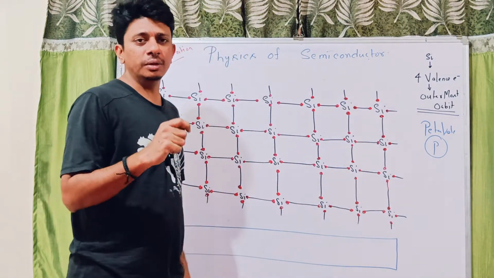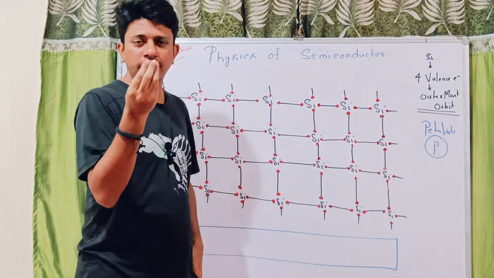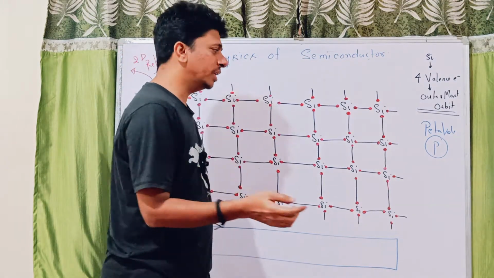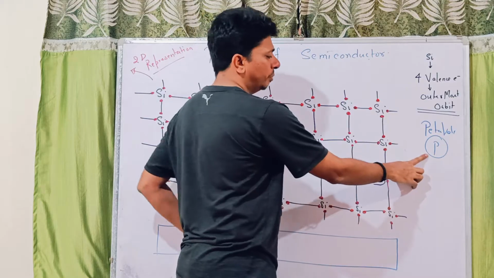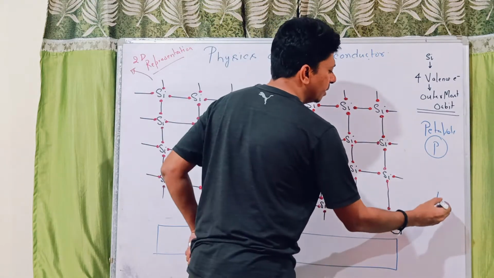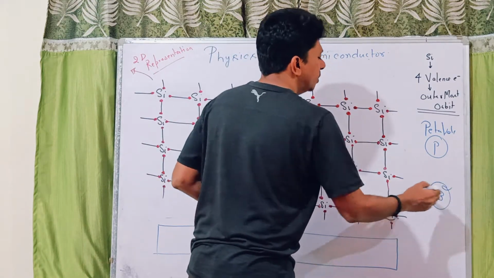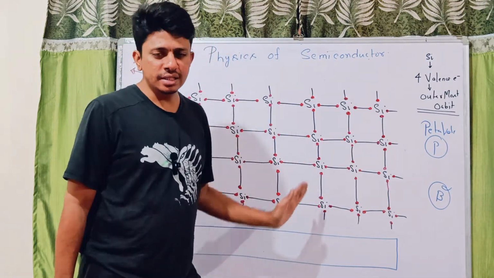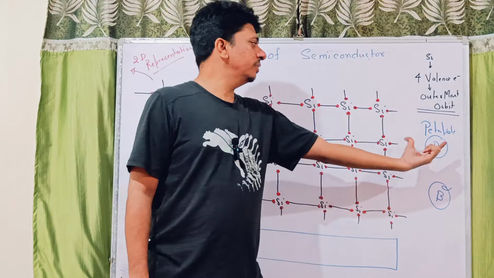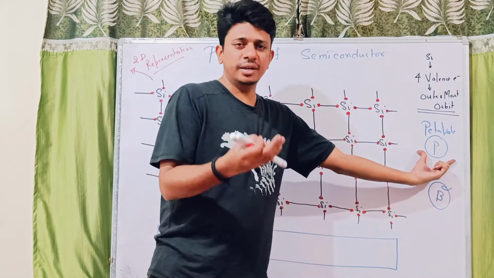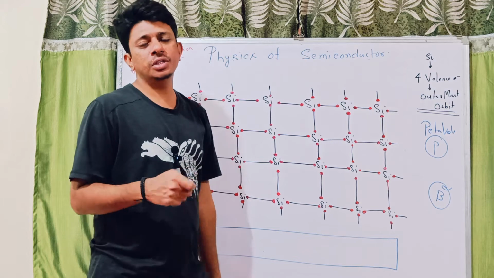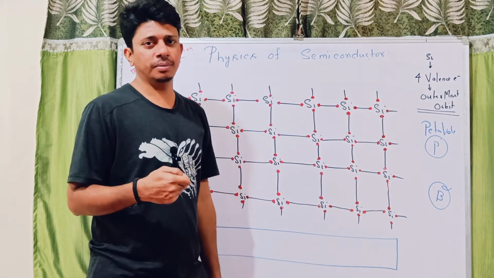If we want to include a trivalent impurity, instead of phosphorus we can insert boron. Now let me take the first example. In the chamber we have inserted this sample. Simultaneously phosphorus atoms are inserted, and inside the chamber the temperature is slowly raised.